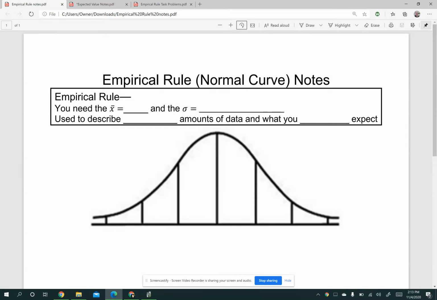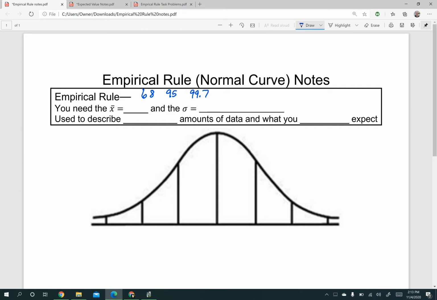All right, let's talk about the empirical rule. It's the rule used for normal curves. And when you do the empirical rule on the normal curve, your three magic numbers are 68, 95, and 99.7.